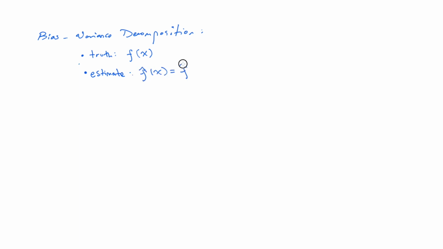And sometimes you'll see this written as f hat of x; D, because this f hat is built on the data set D. So D is equal to a set of points (x_i, y_i), for i equals 1 to n. Okay, so this notation means that this particular estimator was built from this particular data set. And for different data sets, obviously we're going to get different function estimates.